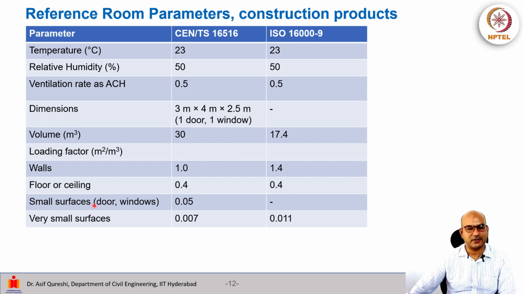For small surfaces, doors and windows, there is a specification in CEN, whereas no such specification in ISO. And then we may have some very small surfaces inside the room, so we have much lower loading factors: for CEN 0.007, and for ISO it is 0.011 meter square per meter cube.